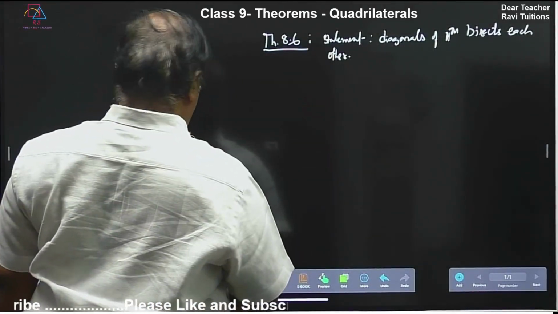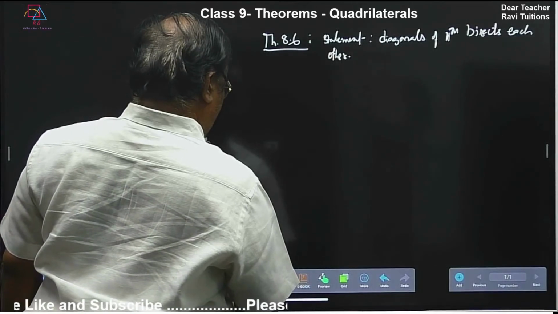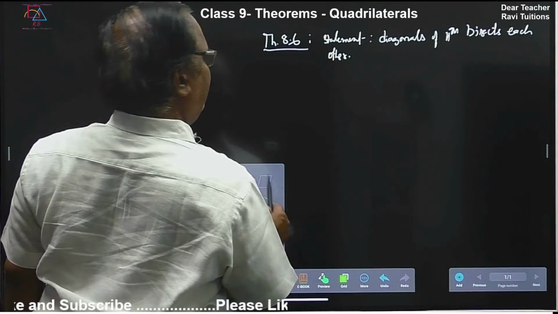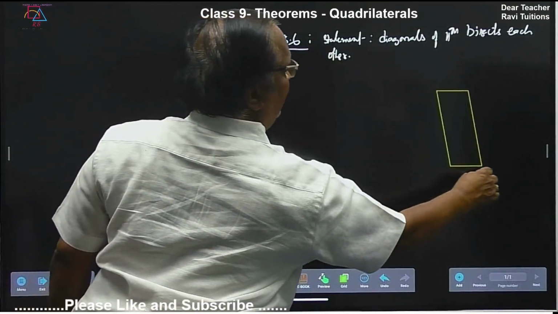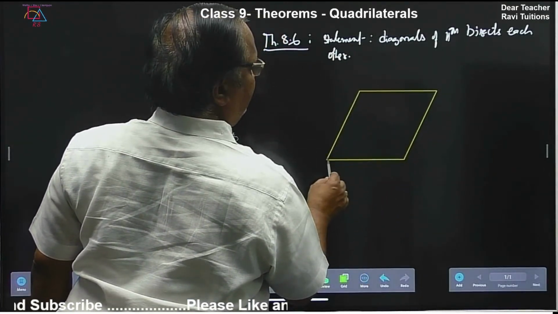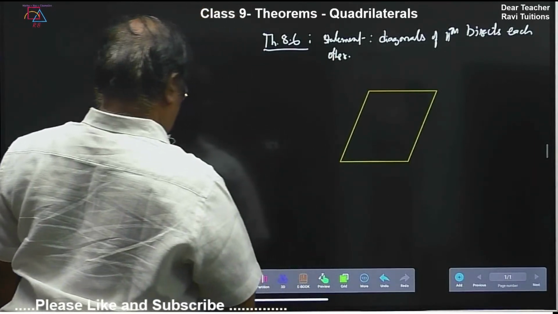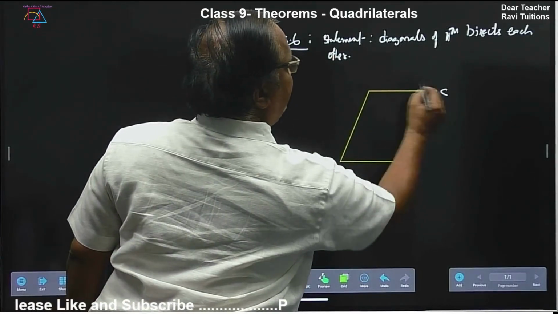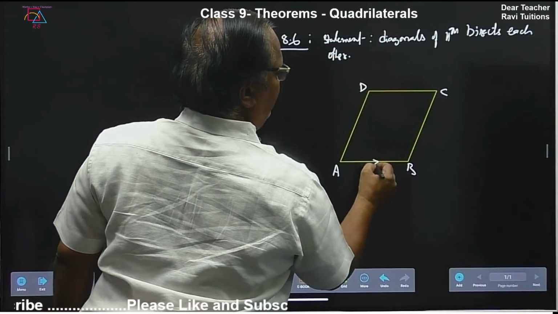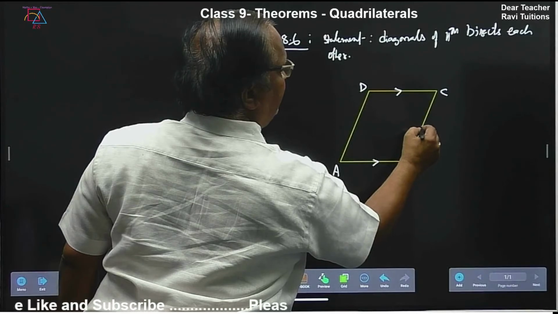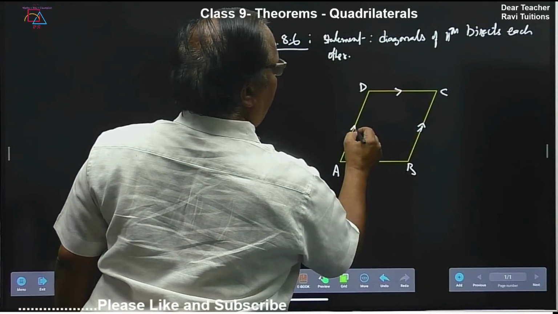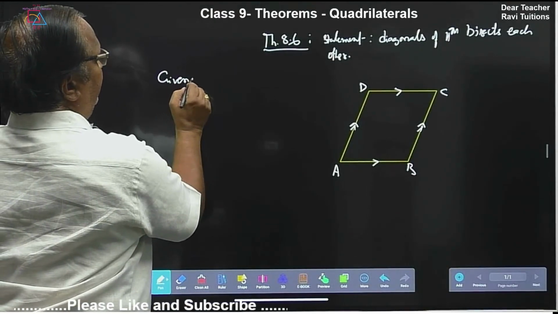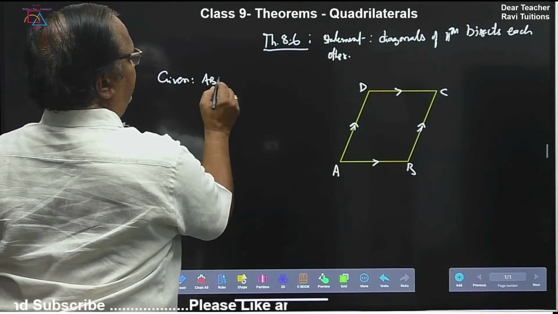For this we will take a parallelogram. Let me take a parallelogram here. Name it A, B, C, D. Opposite sides are parallel in a parallelogram. Now, given: ABCD is a parallelogram.